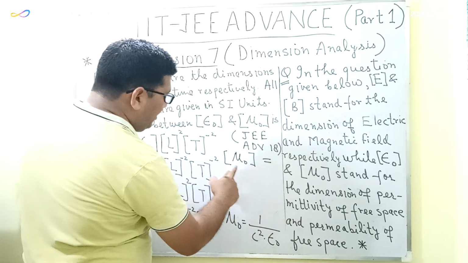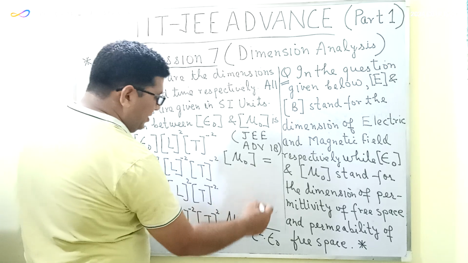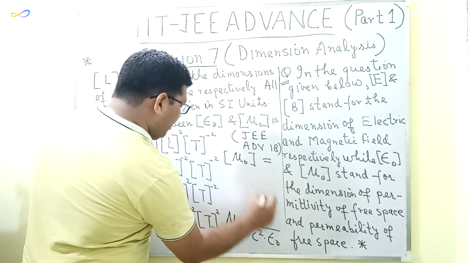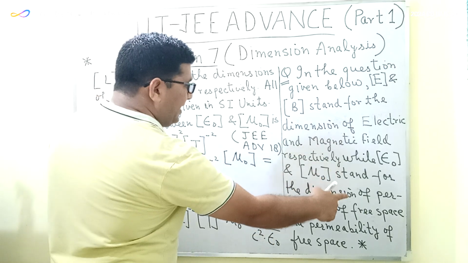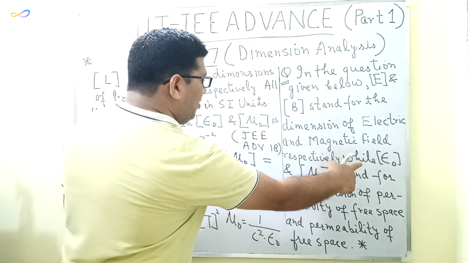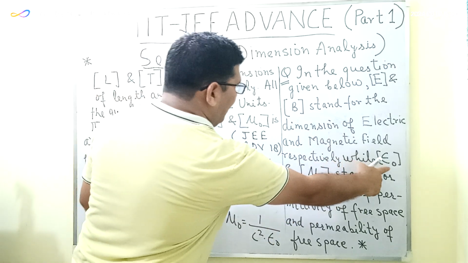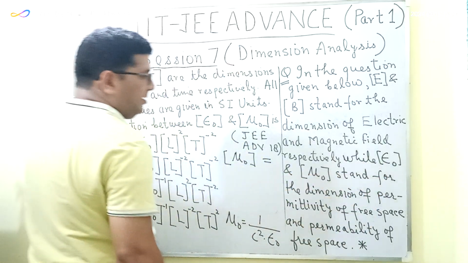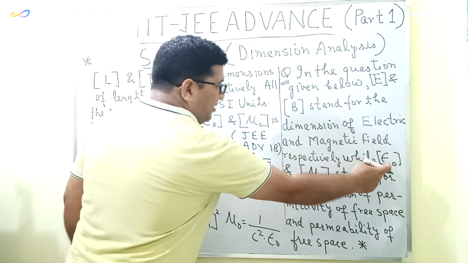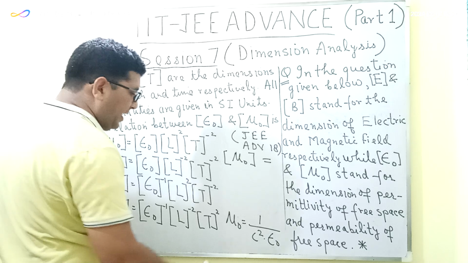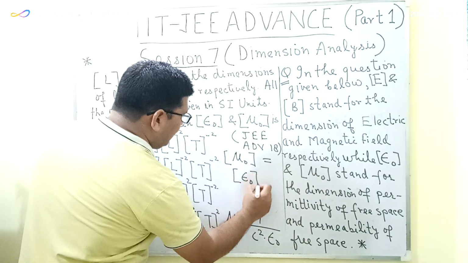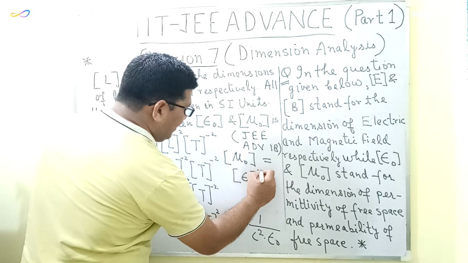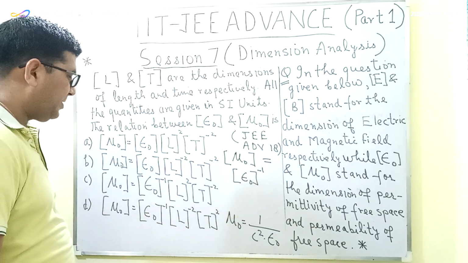So from here, the dimension of mu naught will be equal to, see here, we have been given the dimension of epsilon naught, that is epsilon naught enclosed in brackets. So I can write this as epsilon naught, and since this is in the denominator, this will be to the power -1 in the numerator.